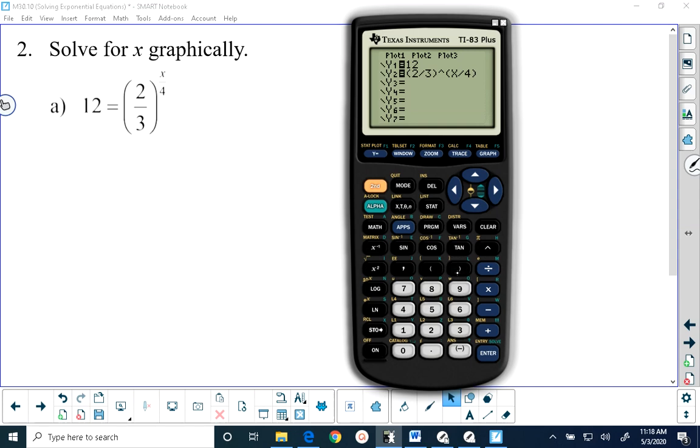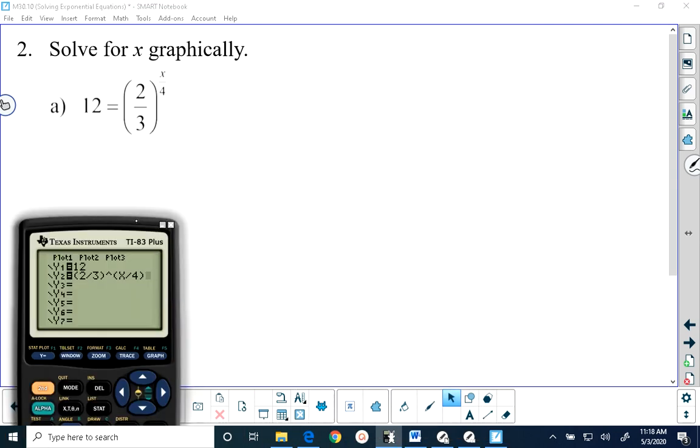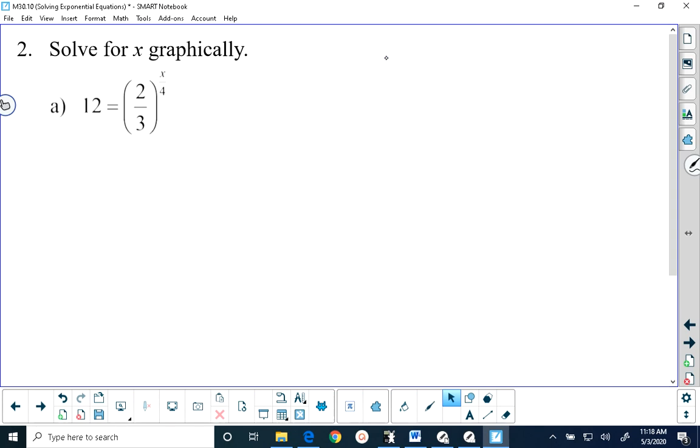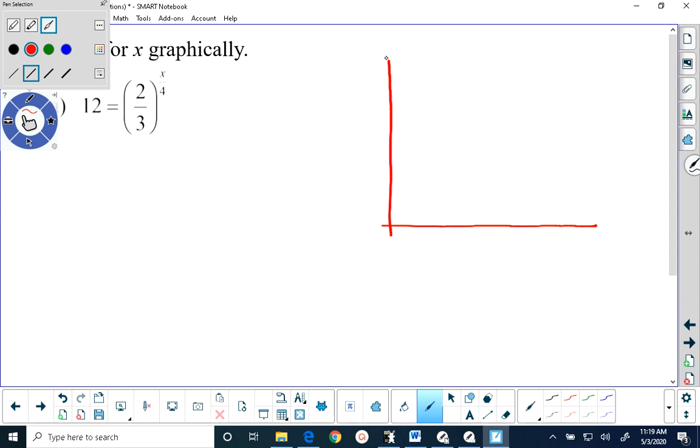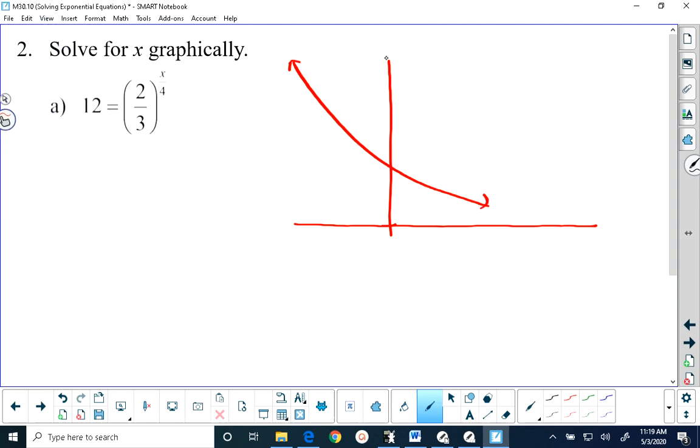Now we should have some general idea of what 2/3 raised to the x over 4 is. We have learned that if the base is 2/3, you are going to have a decreasing exponential function. So 2/3 raised to the x over 4 will look something like that.